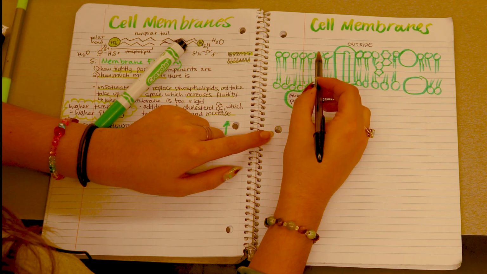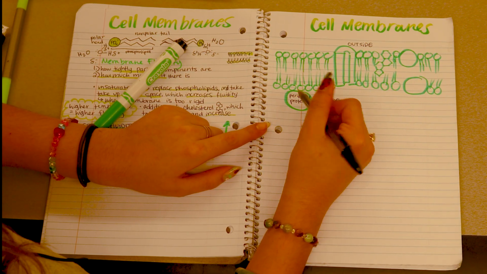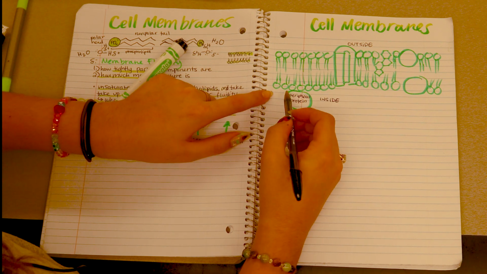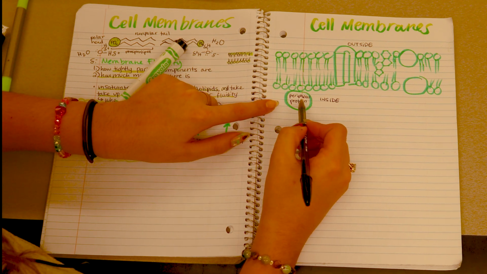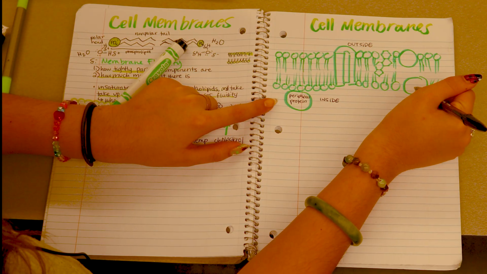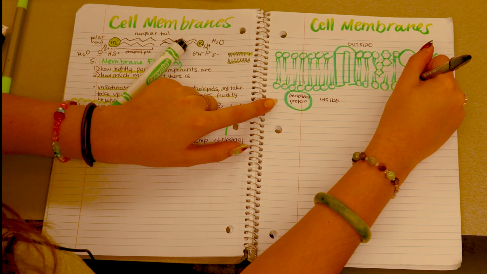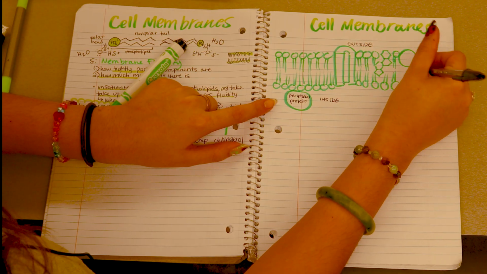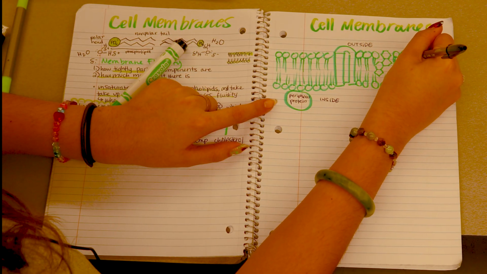You don't really need to know what this guy's doing, but this is a peripheral protein. He's just on the periphery of the membrane, right? But these guys are in the membrane, fully embedded within. So it's an integral protein. It's integrated in the membrane. This guy too.